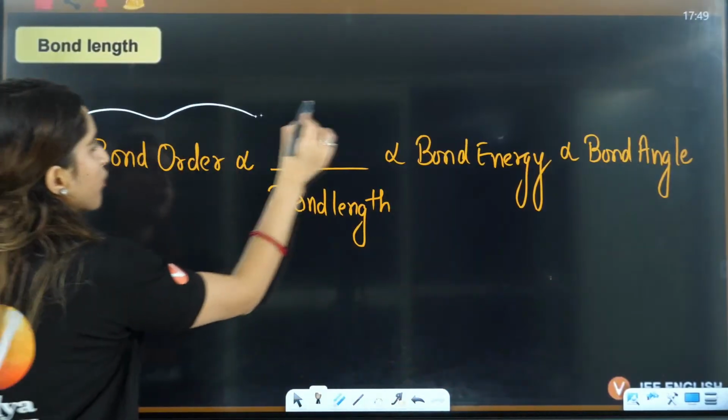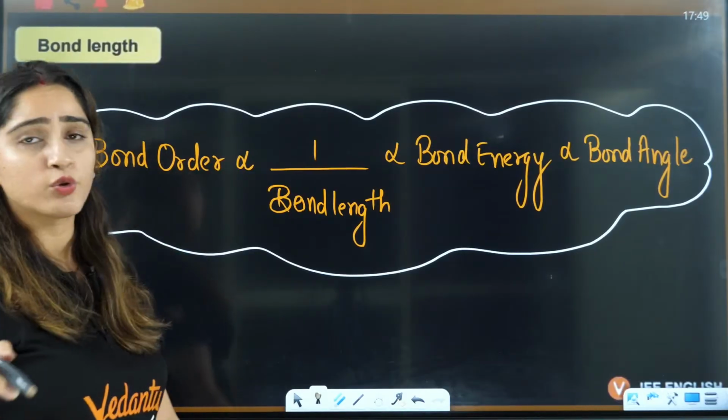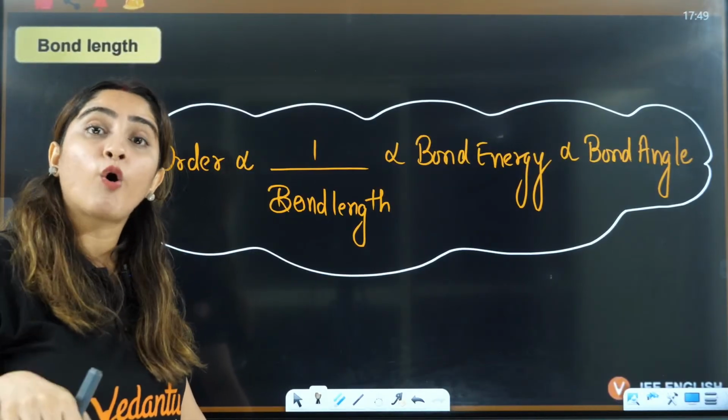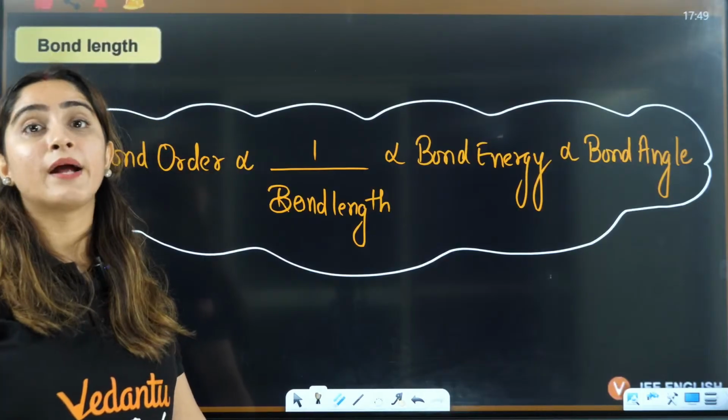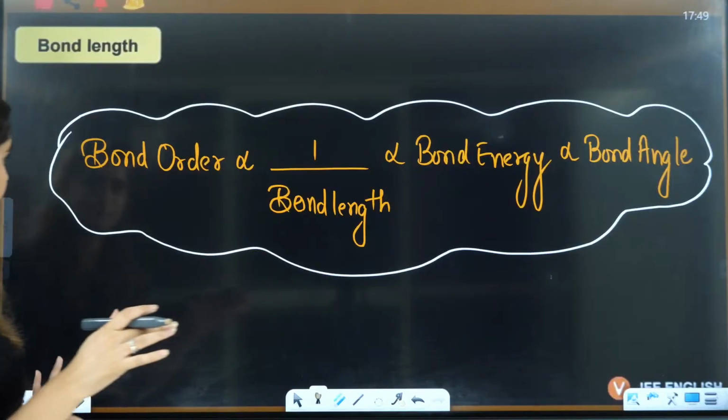Now from MOT they can give you 3-4 compounds and ask you to compare the bond order, the bond lengths, the bond energy. This they can ask you.